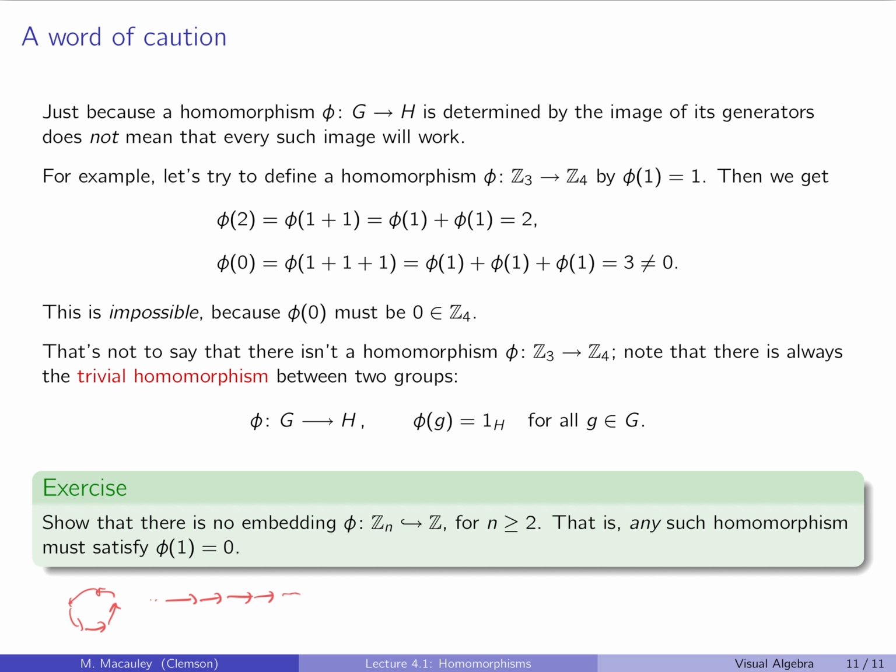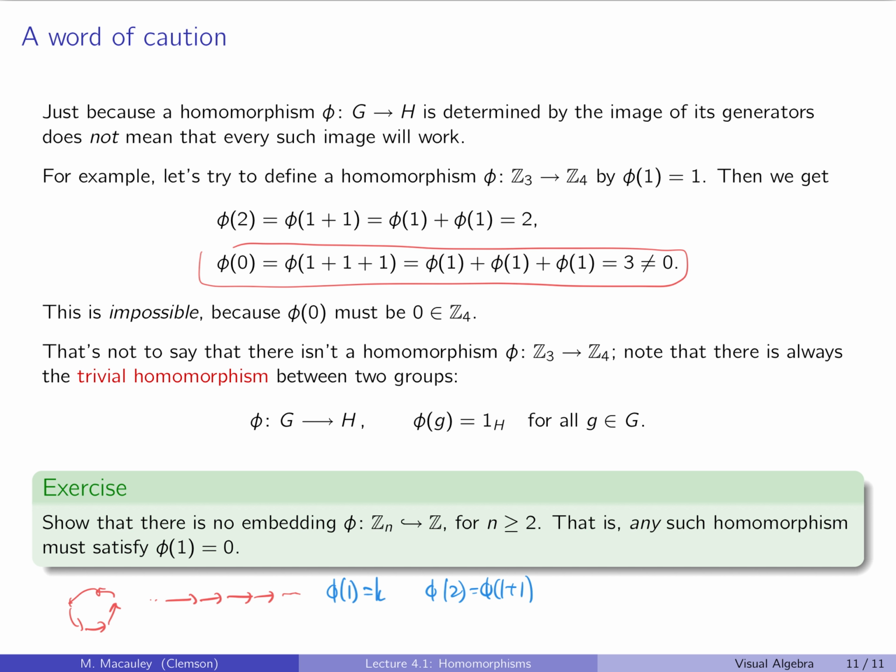But how do you prove that? Well, it's going to be similar to what we did up here. So let's suppose that phi of 1 is some integer k. Well then phi of 2 is phi of 1 plus 1. Now let's say where we're going.